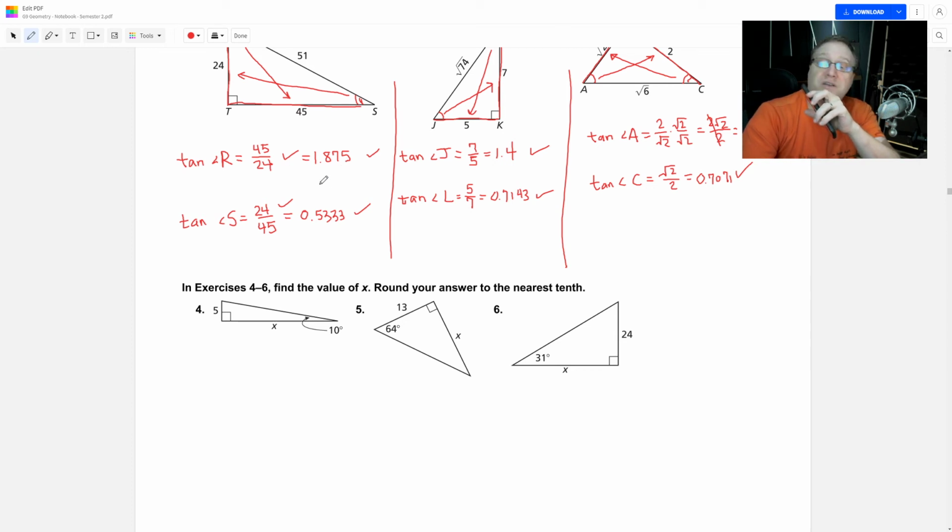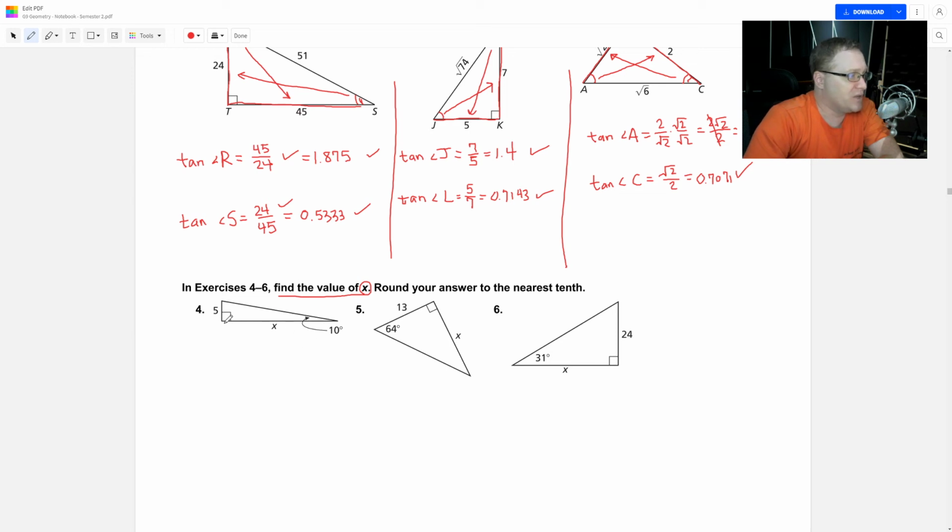So we are going to use that now. In these problems, we need to find the value of x.